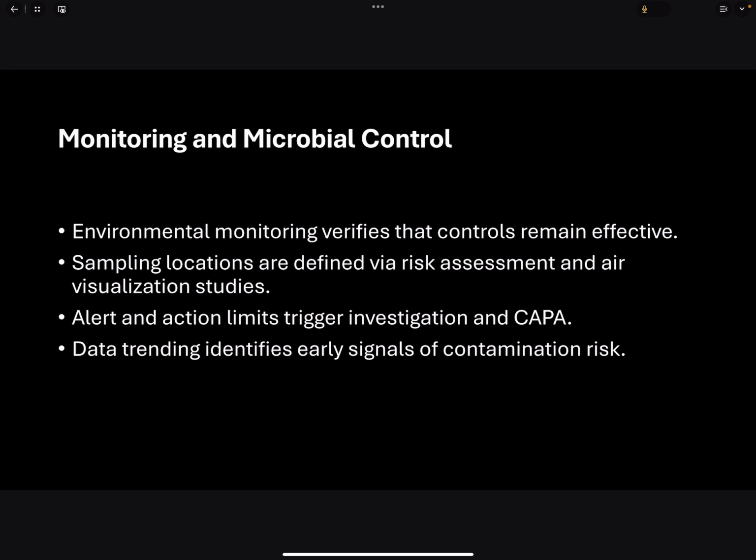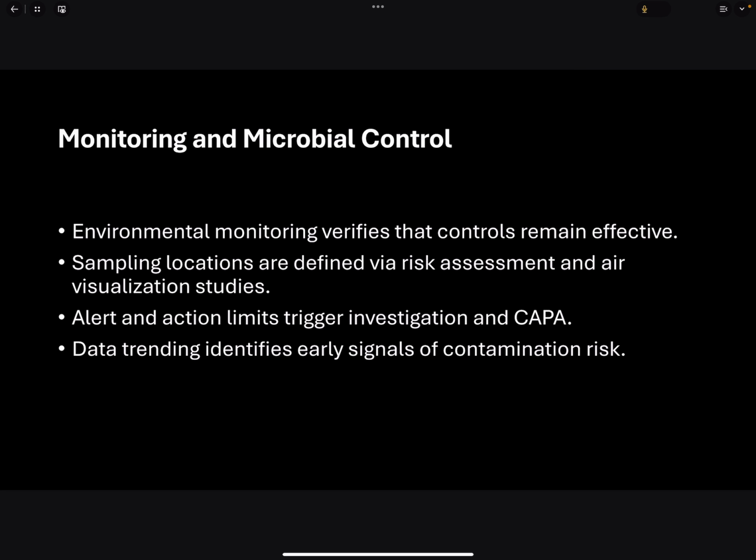To know whether your system is truly under control, you need strong monitoring. Environmental monitoring tells us if the clean room and process are staying within acceptable limits. We set sampling points based on risk assessments and airflow visualization studies, and we track results through data trending and alert levels.